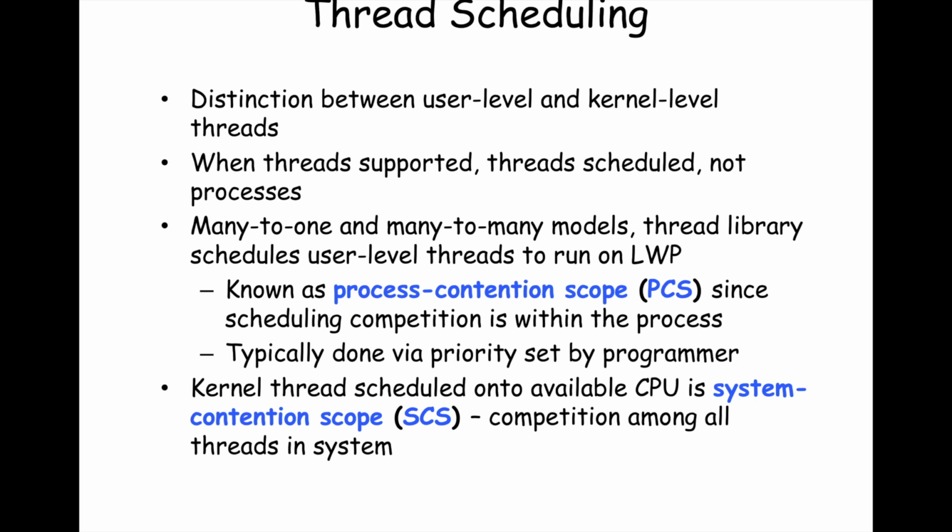And so you can almost imagine a kind of software ready queue implemented in some library in user level space. And this ready queue has these user level threads, and they're given some unit of time by the kernel level thread, right? So this is called process contention scope because the competition as to which user level thread is going to be selected is done within the process in the user level space.